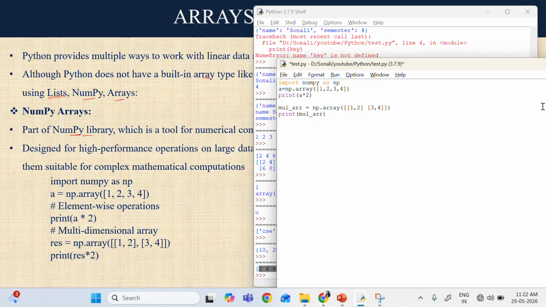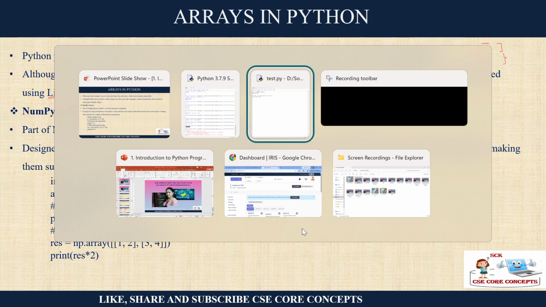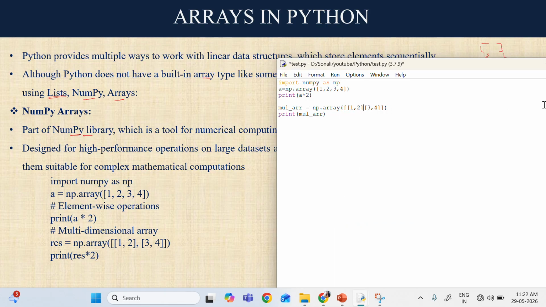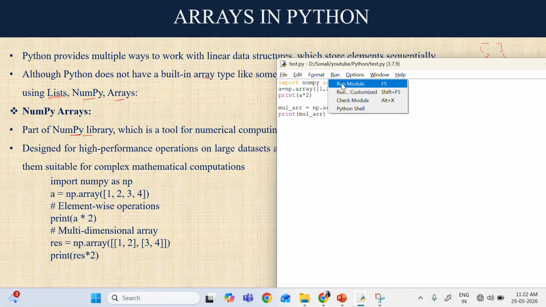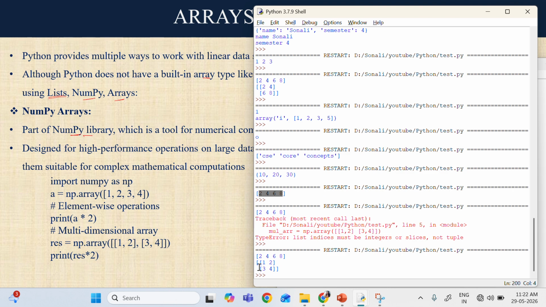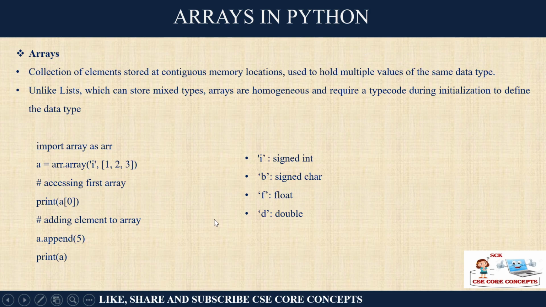Let us see how it creates a two-dimensional array for us. There is an error. I have not kept one comma here. I forgot to put this comma, so that is why it is not able to understand. Okay, so these are the elements of the multi-dimensional array. 1, 2 is the first row and 3, 4 is the second row. Understood?